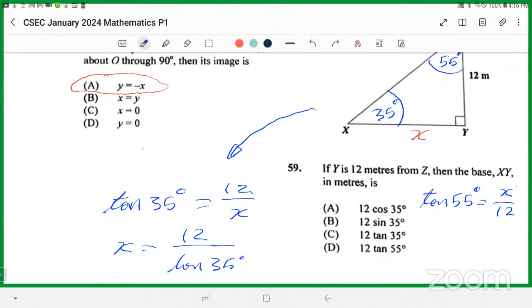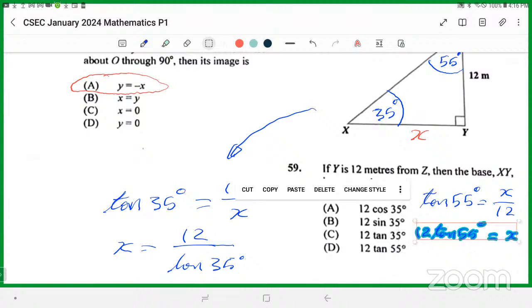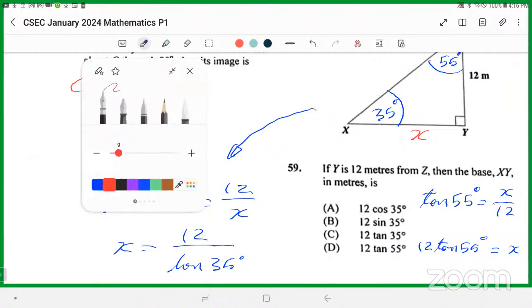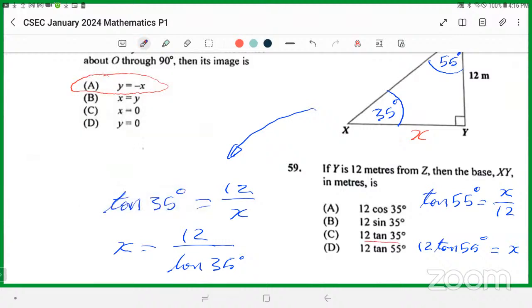And then to make x the subject, we just have to take this 12 and multiply it up here. So we would get 12 tan of 55 degrees equals x. And that answer is there. Put it in red right here.